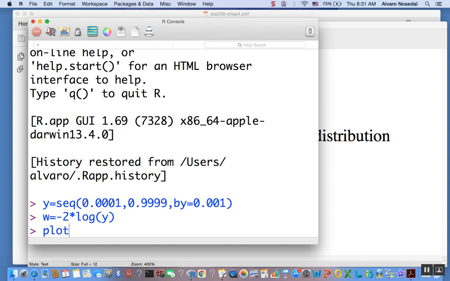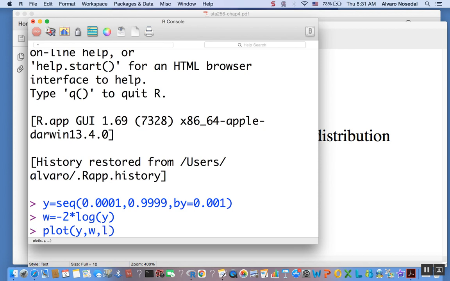So now let's plot this. If you want a scatter plot, if you want to create a graph, first the syntax of that function plot is you place the numbers that go on the horizontal axis, the x coordinates, and then the ones that go on the vertical axis, the y coordinates usually.